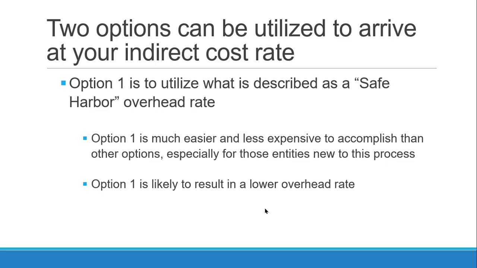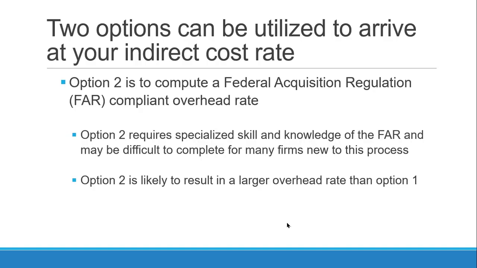We will now talk about option two. Option two that can be utilized to arrive at your indirect cost rate is to compute a federal acquisition regulation, also known as FAR, compliant overhead rate. Option two requires specialized skill and knowledge of the FAR and may be difficult to complete for many firms new to this process.